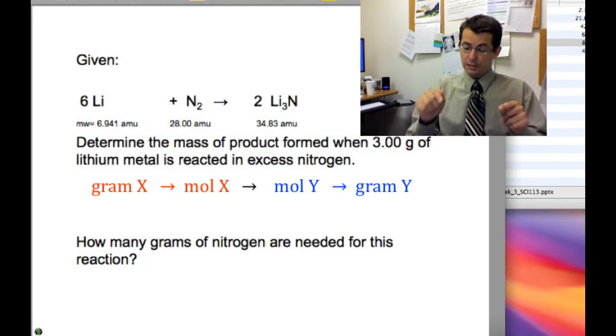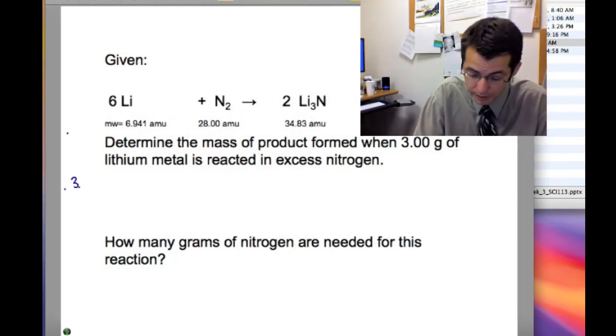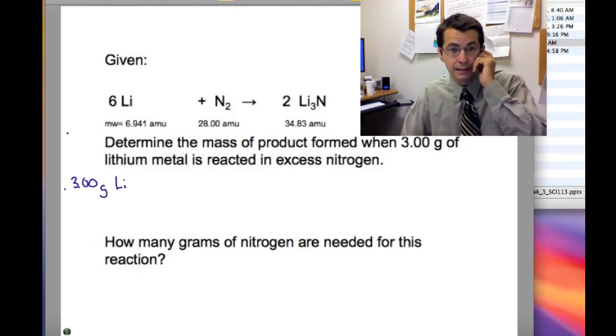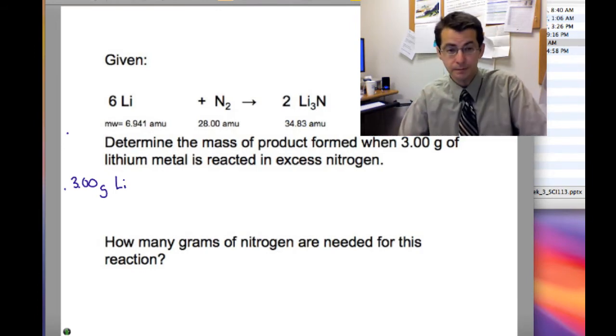Now, let's start with this problem real quick. Again, this is just review. 3.00 grams of lithium are reacted with excess nitrogen to produce lithium nitride, and they want to know how much mass is formed.